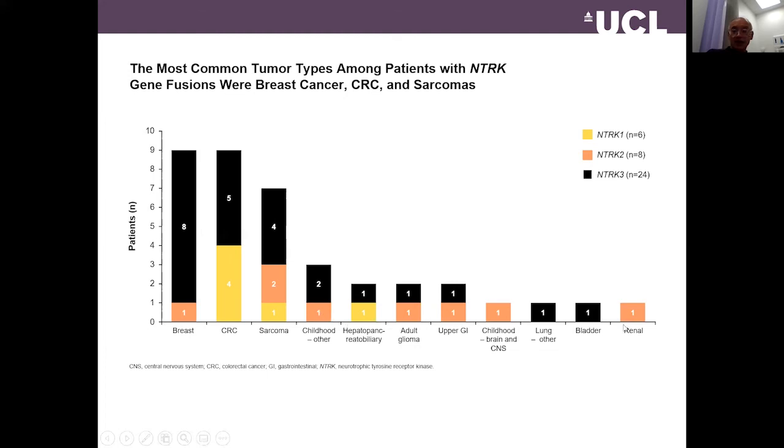Sarcomas, childhood cancers, and then, as you would expect, a tail of other things. Pretty much distributed. The numbers are very small, so you can't be absolutely sure, but a fairly even distribution between all three NTRK genes, perhaps a few more in NTRK3, but the numbers are so small.